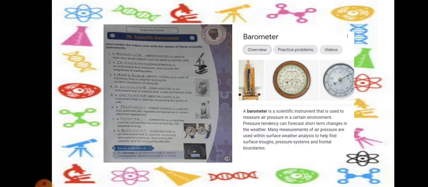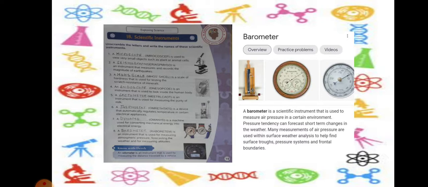A barometer is a scientific instrument that is used to measure air pressure in a certain environment. Pressure tendency can forecast short-term changes in the weather. Many instruments of air pressure are used within surface weather analysis to help find surface troughs, pressure systems and frontal boundaries.